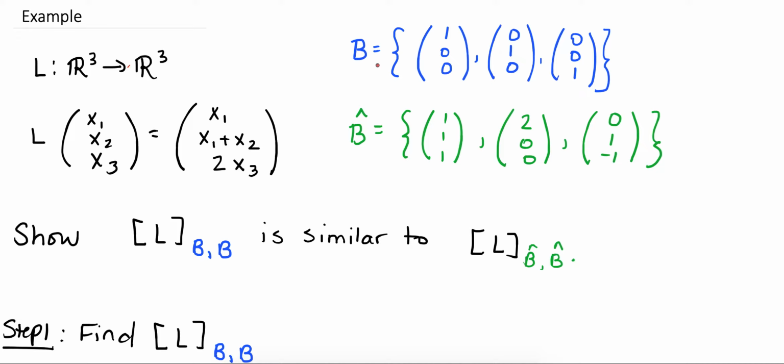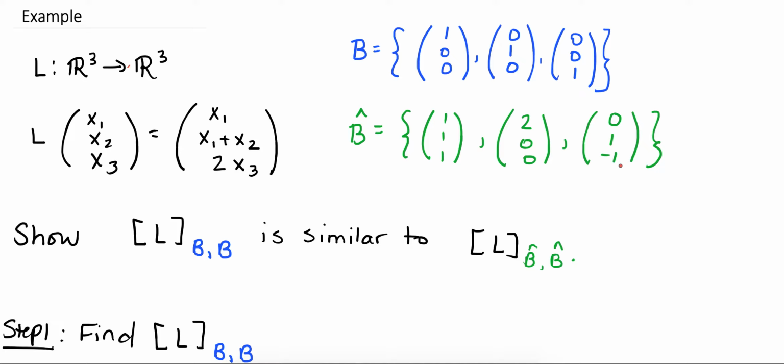And then I chose two bases. So the first basis that I chose was just the standard basis, and I called this B in blue: (1, 0, 0), (0, 1, 0), (0, 0, 1). The second basis I chose was (1, 1, 1), (2, 0, 0), (0, 1, -1).